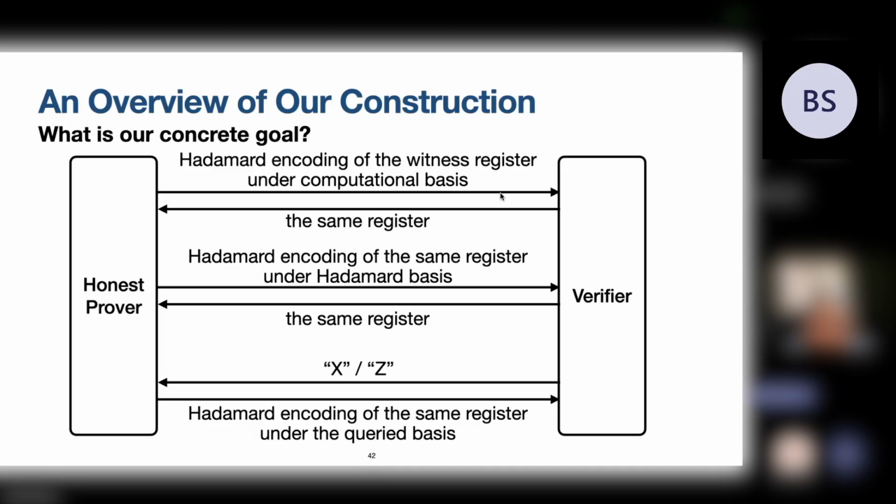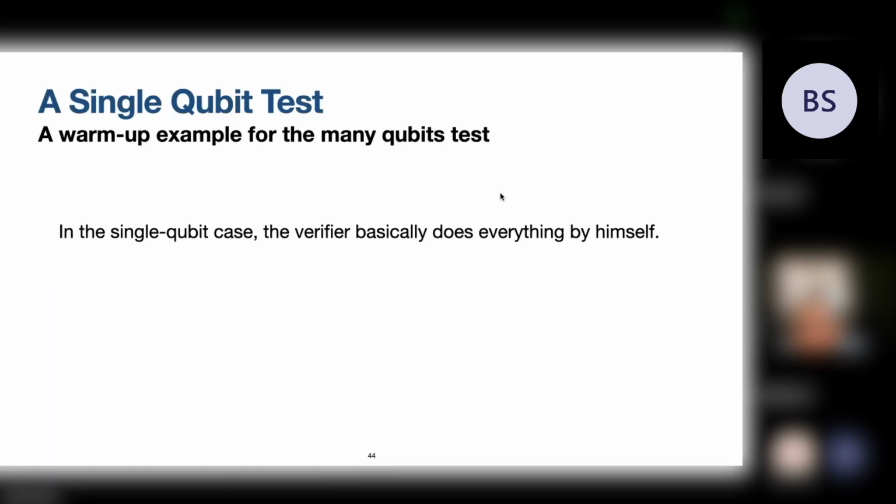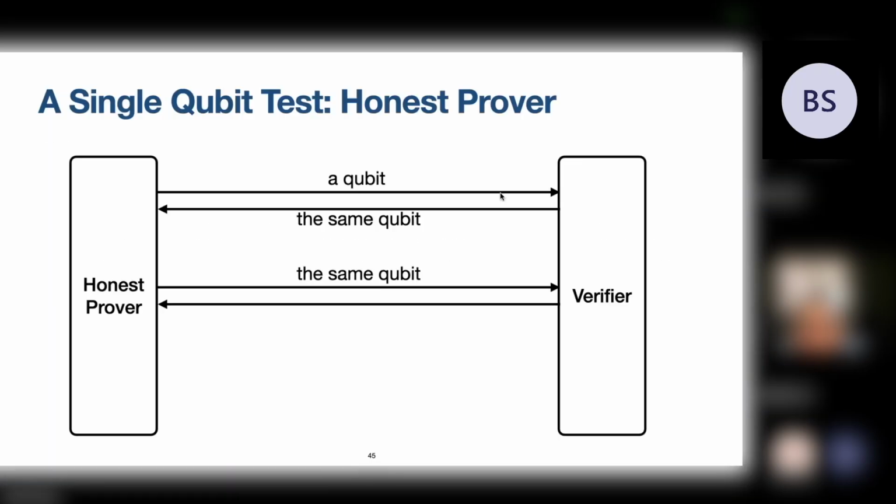Right, so for example, for the case of single qubits, maybe you just meant the same thing and I didn't understand. But if you look at the slide, your honest prover setting, sorry, the single qubit setting. Yes. The honest prover is sending in the second round, sending computational basis, or is it also in the Hadamard basis? Oh, yeah, I mean, if there's only one qubit, there's not much difference actually. Really? Okay.